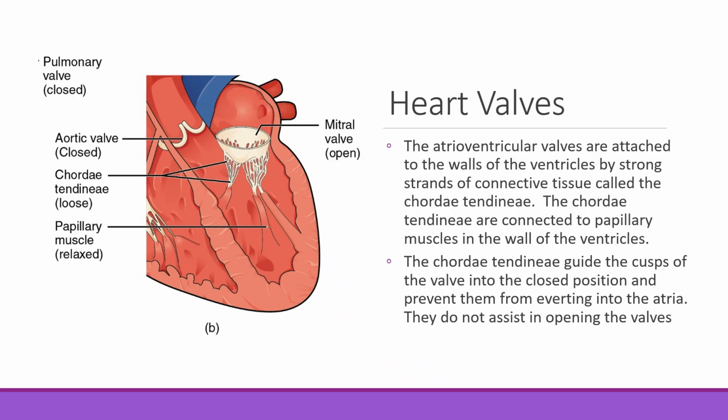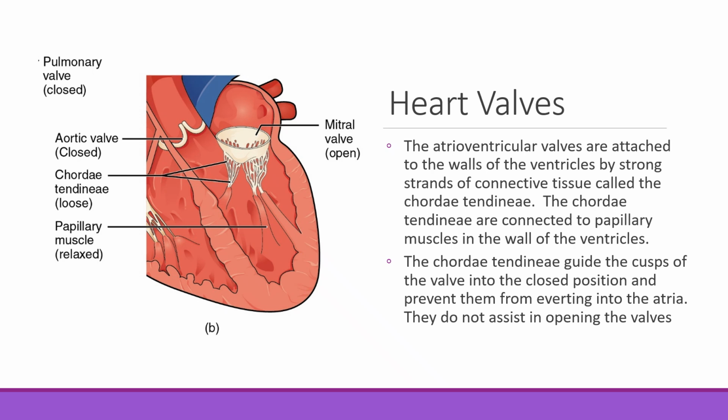The chordae tendineae guide the cusps of the valve into the closed position, and they prevent them from everting or flipping into the atria. They do not assist in opening the valves. When we talk about the valves opening, these guys don't pull on them and open them. All they do is make sure that they close properly. They remind me of the balloon handlers in the Macy's Thanksgiving Day Parade.